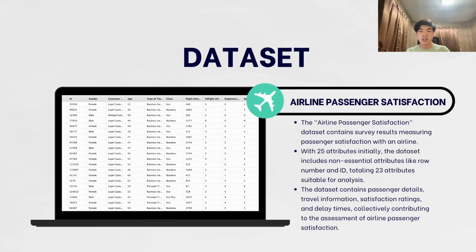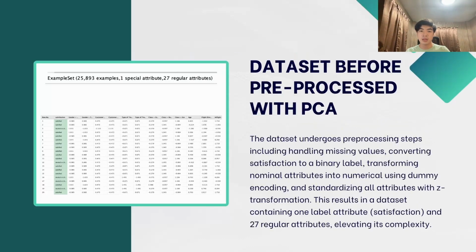The dataset contains passenger details, travel information, satisfaction ratings, and delay times, collectively contributing to the assessment of airline passenger satisfaction. Here is the dataset before pre-processing with PCA.